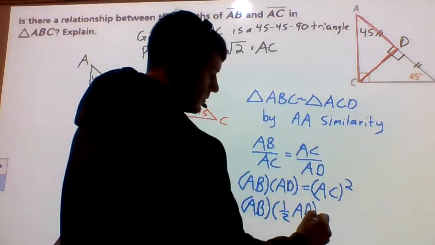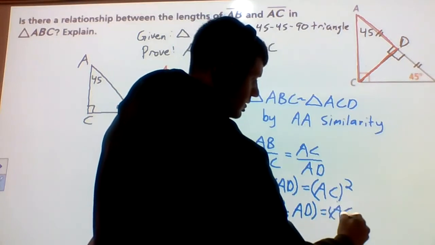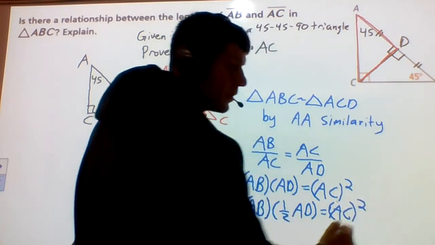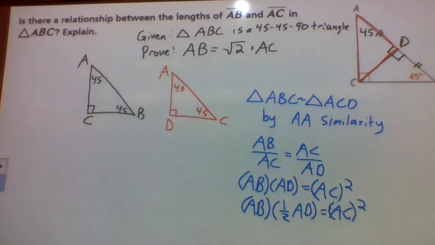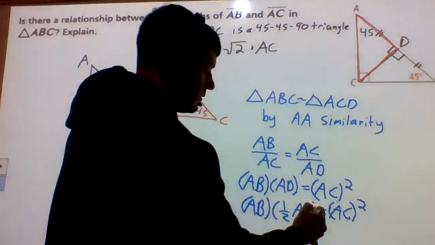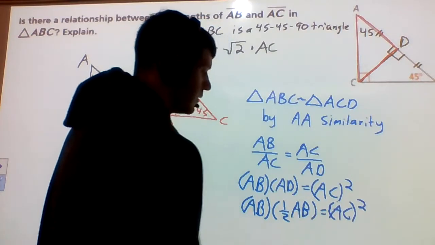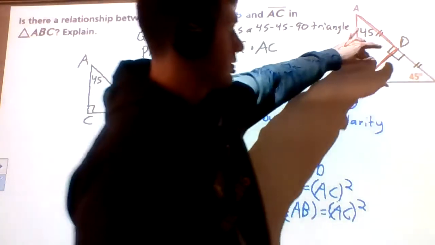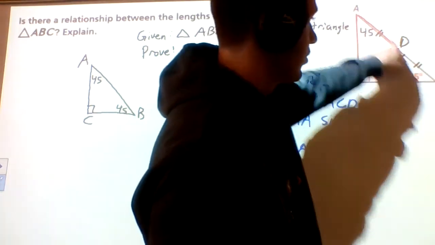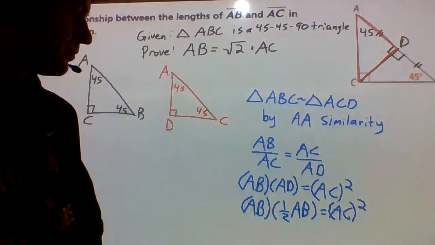Sorry, it's 1/2 of AB, not AD. The whole point is we're getting rid of the AB. So AD here is half of the whole thing, which is AB. So AD is half of AB.